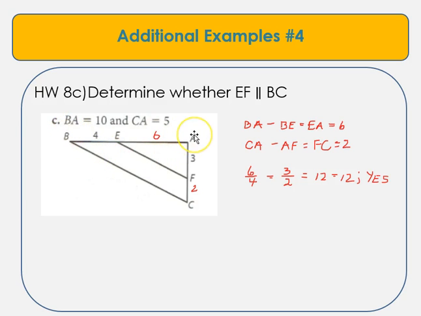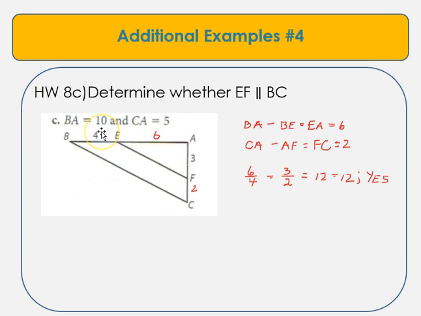If the whole length is 10, then EA is 10 minus 4, which is 6. And the same thing for this whole length. If CA is 5, then FA, or AF, will be 3, and our missing piece, FC, will be 5 minus 3, which is 2. So now we have our values, and we can set up our proportions.